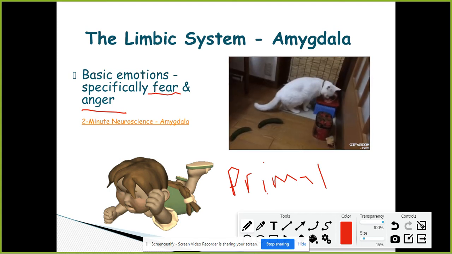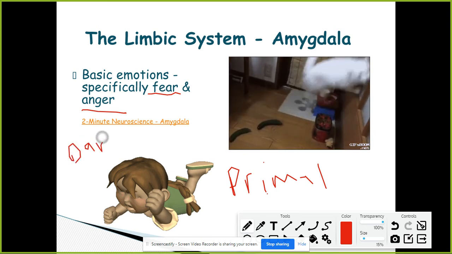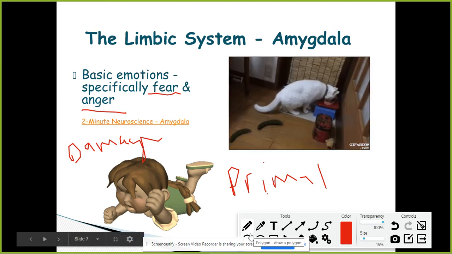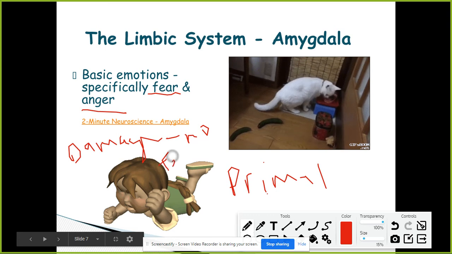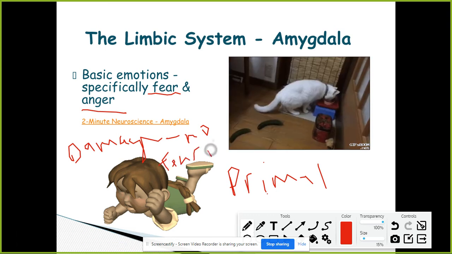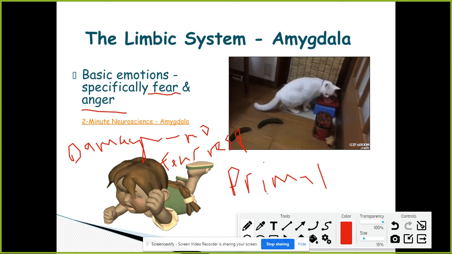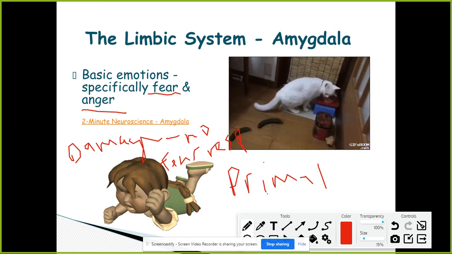They found that damage to the amygdala can lead to no fear response. That says no fear response. What that means is, they've seen this with psychopaths.